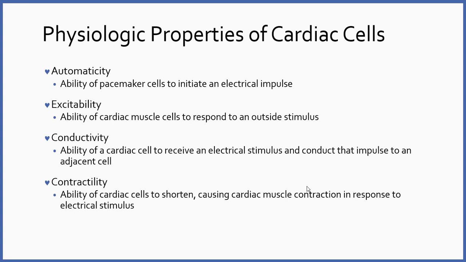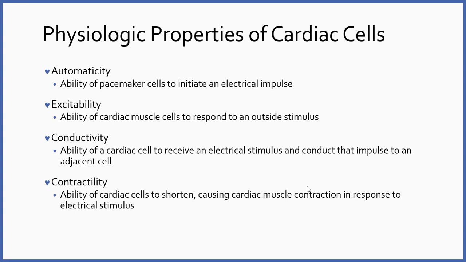If the SA node fails, a portion of the AV node called AV junctional tissue can actually take over as an automaticity focus. It's not normally as fast as the SA node. Typically, that AV nodal junctional tissue is going to pace at a rate somewhere between 40 and 60 beats a minute.